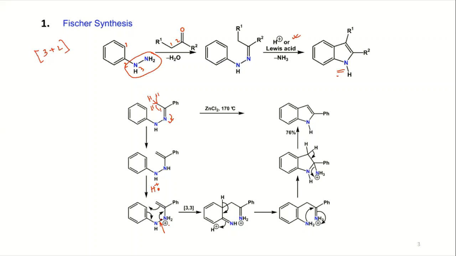So this is the movement. When you put the heat, what will happen? You have now the environment of 1, 2, 3, and 1, 2, 3. So you have gone through a 3,3 sigmatropic rearrangement, the Cope rearrangement.